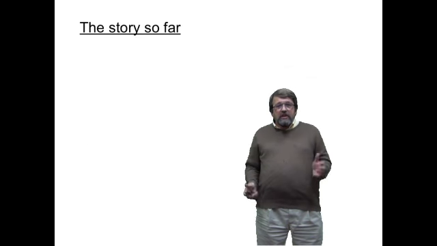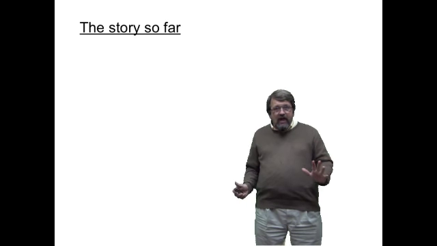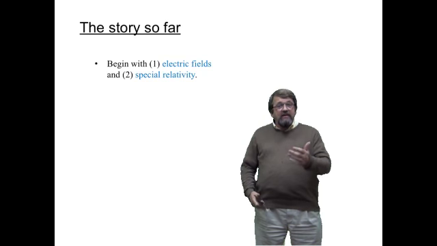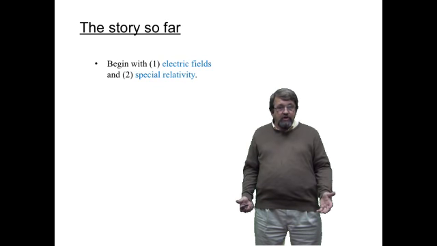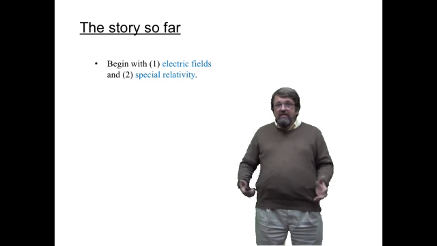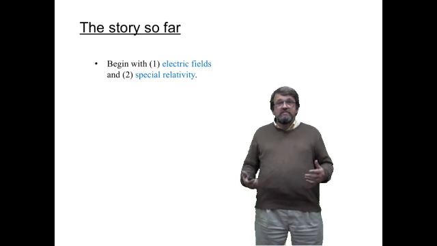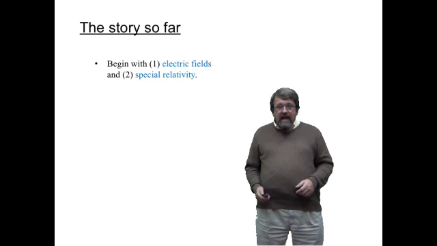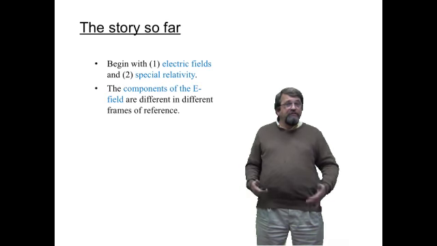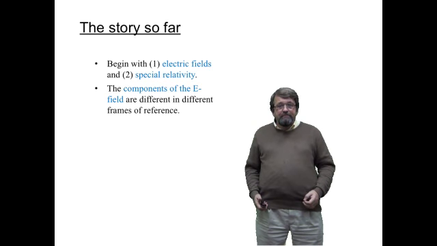This is such an astonishing conclusion that we have to pause a little bit and take stock. What we did is we began with two ideas: the idea of the electric field produced by charges, and the idea of special relativity, the idea that all of physics takes place within space-time. Now, we first noted that the components of the electric field are different in different frames of reference.